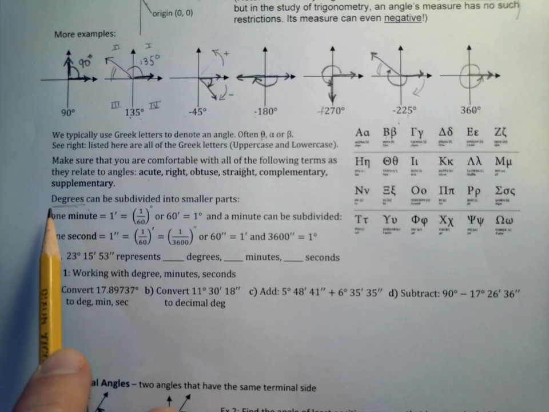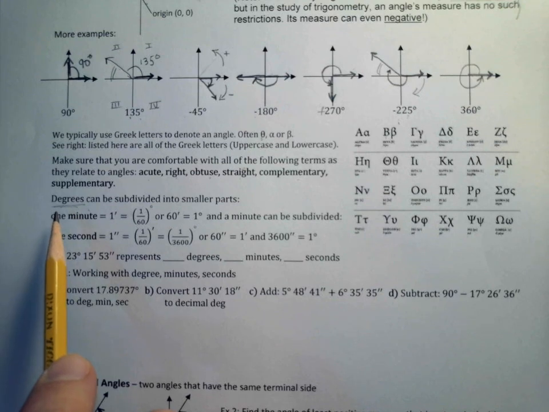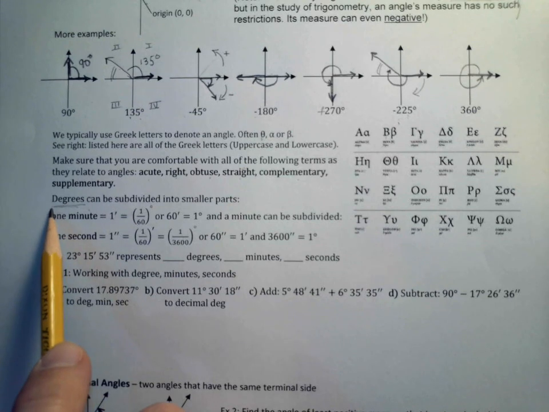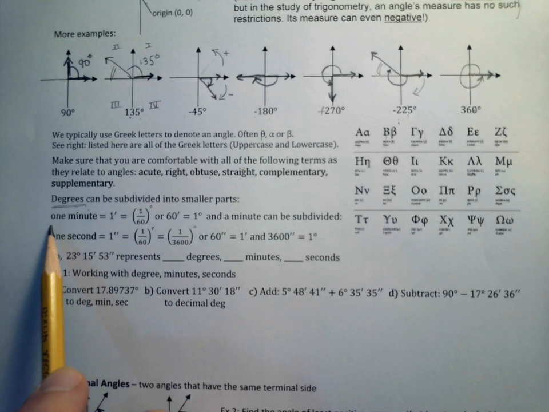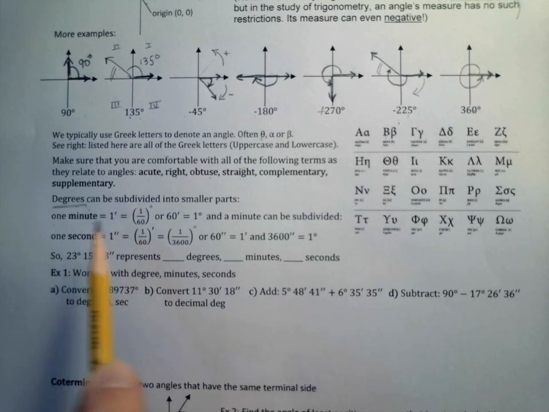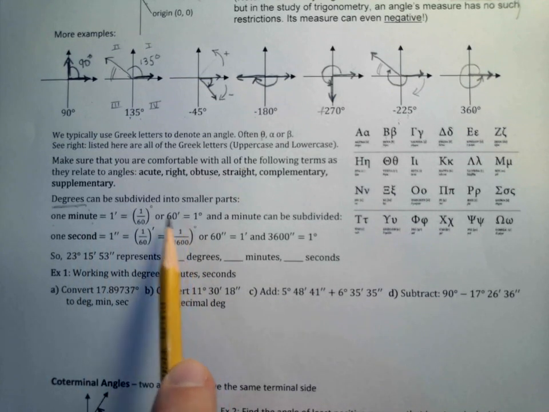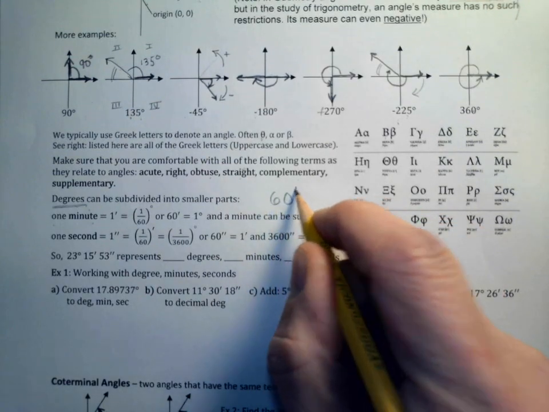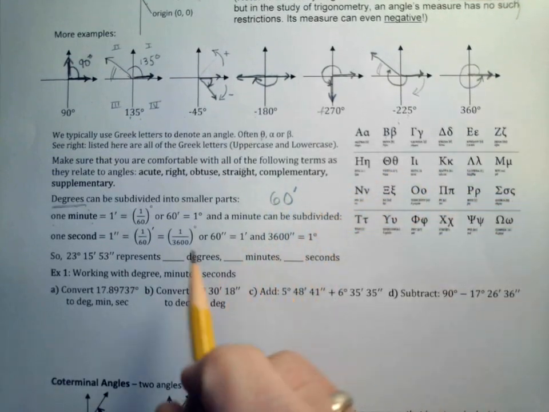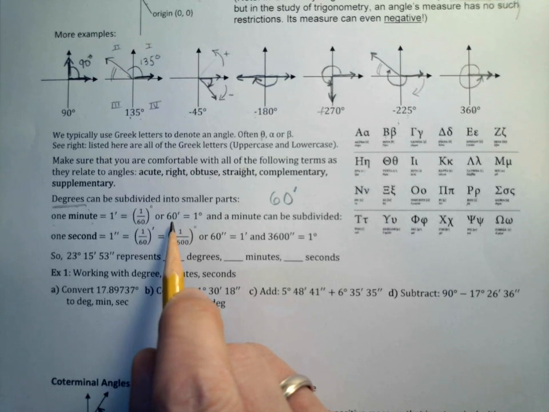But just like, for example, if you measure your height in feet, you could subdivide feet, right? There are 12 inches in a foot. So just like that, there are degrees, and then you can have smaller divisions of a degree, and so you could have a minute. There are 60 minutes, this little single apostrophe means a minute.